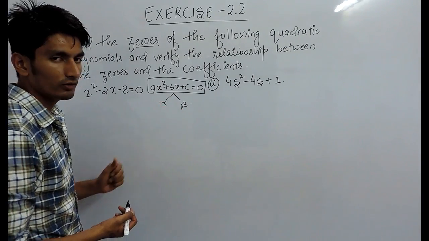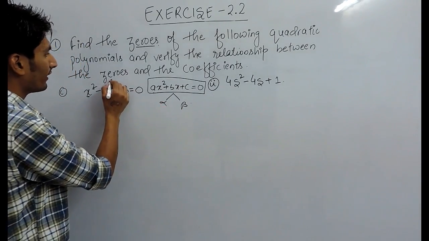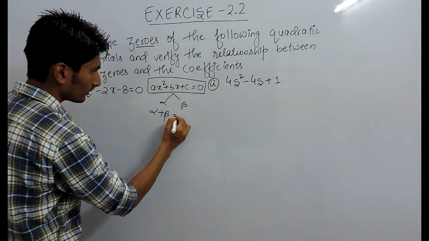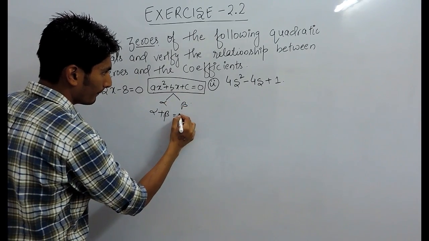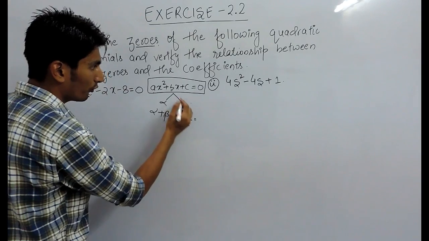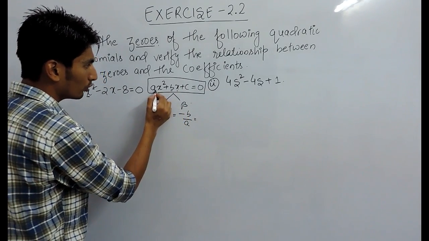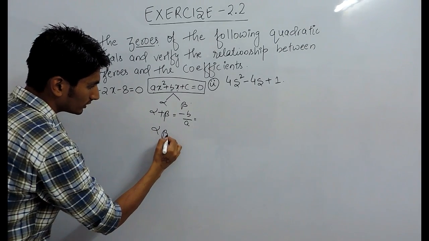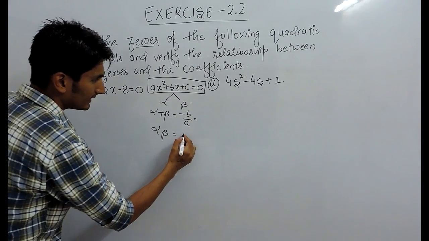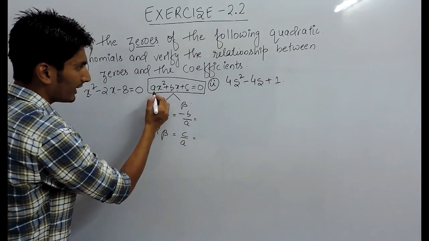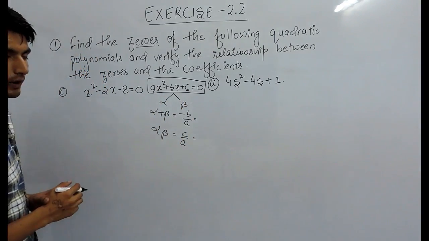If you want to find the relation, the sum of roots is basically minus b upon a, the coefficient of x and the coefficient of x square, and the product of roots is basically c upon a, the constant term and the coefficient of x square.